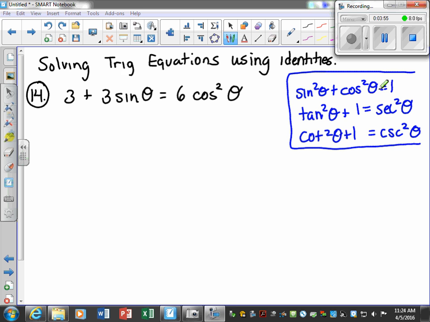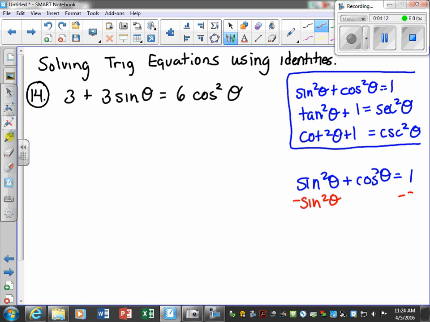Well, I need to take this equation, sine squared theta plus cosine squared theta, and get cosine squared by itself. So if I want to get cosine squared by itself, I'm going to subtract sine squared theta. Whatever you do to one side, do to the other. So basically, cosine squared theta is equal to 1 minus sine squared theta.